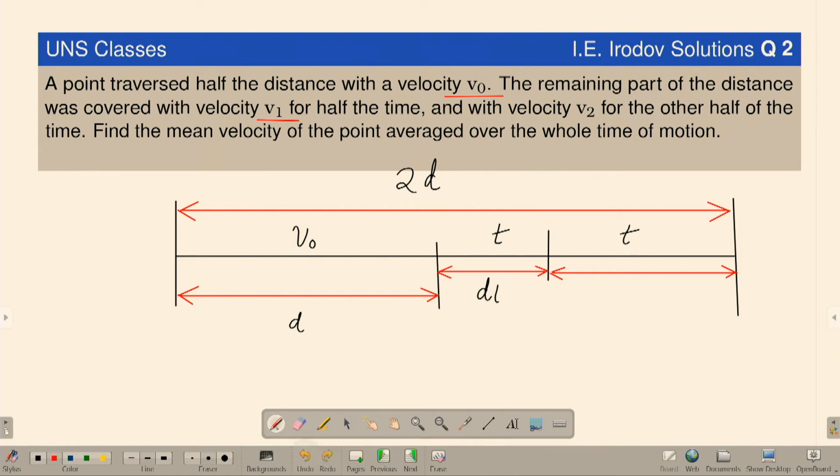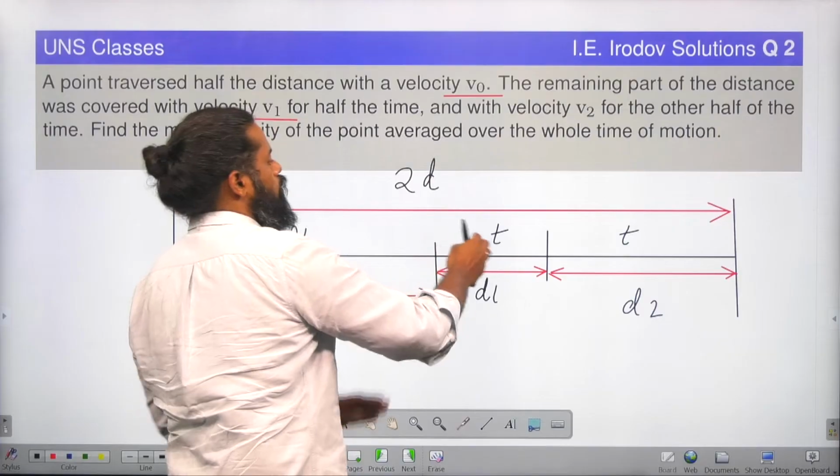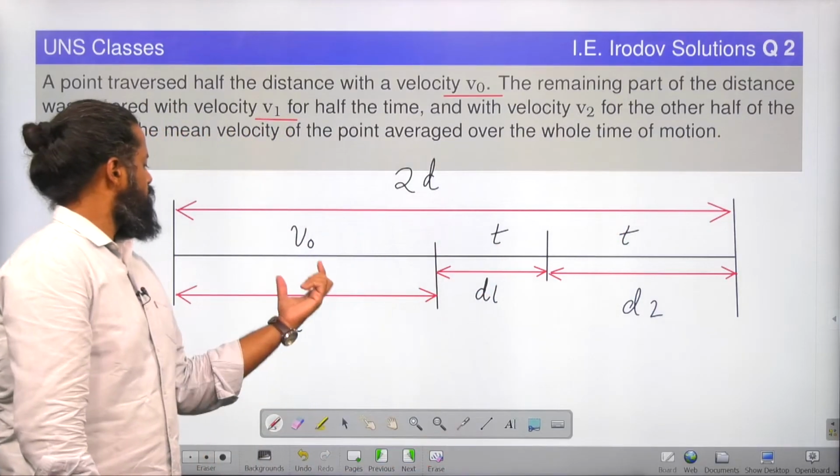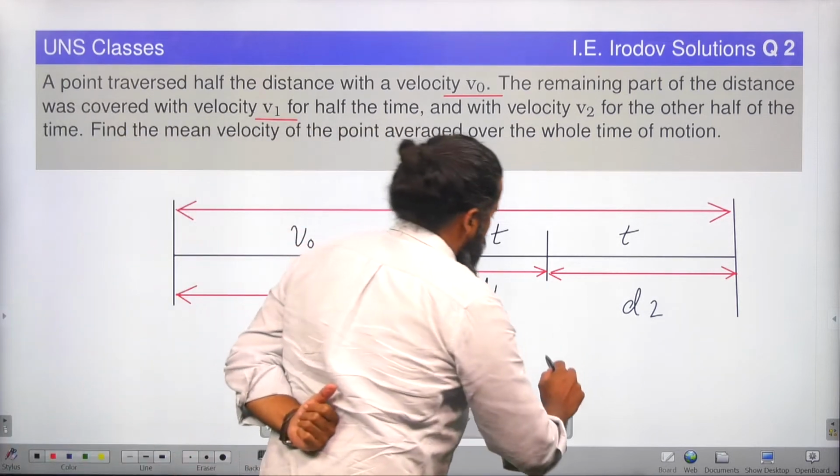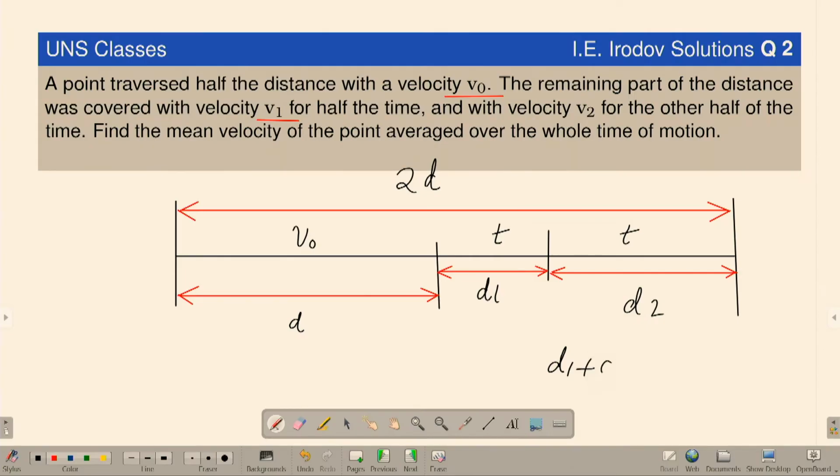One important thing to understand here is d1 plus d2 is going to be d, because the first d is already covered. Total distance we are taking as 2d.